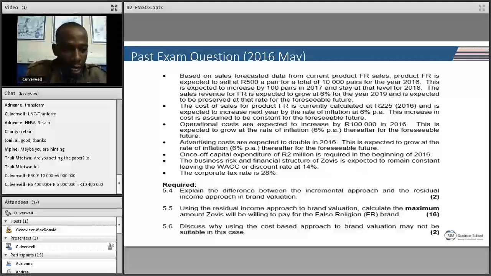You get your total there. That is going to be 10,400,000. That becomes the sales revenue for year 2016 for both the products.